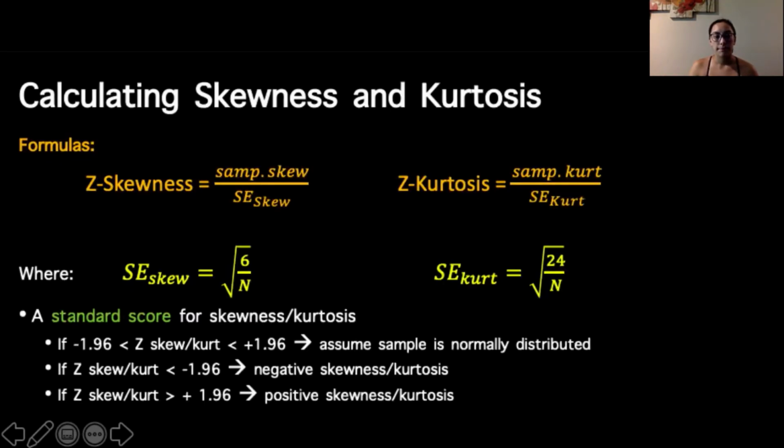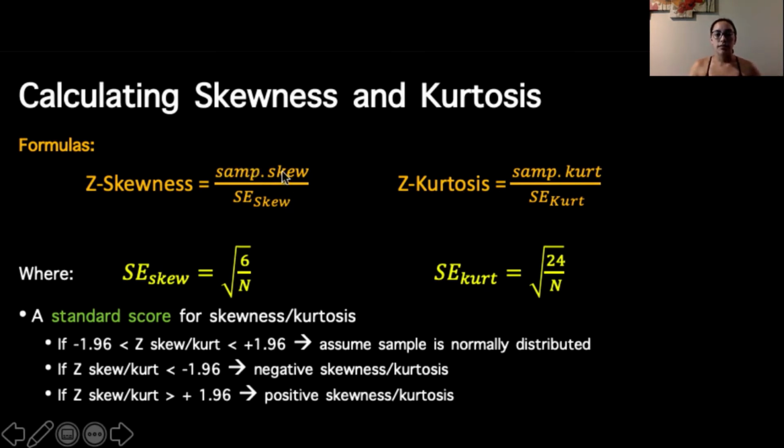Okay. When we calculate skewness and kurtosis, we have a series of calculations that we go through. I give you guys some examples in the activity this week, so they should help to make sense there. But in terms of the formulas, we use z-scores of skewness and kurtosis to help us understand how a sample distribution would look compared to a population distribution.